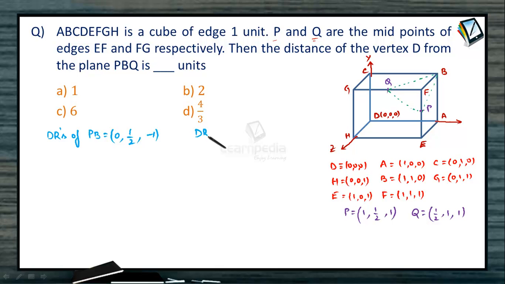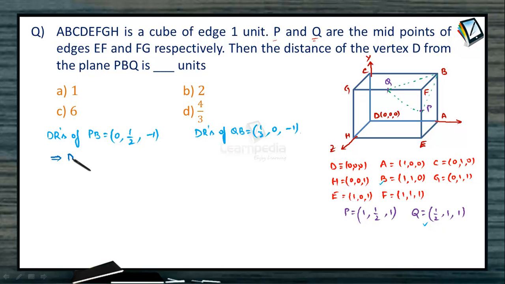Similarly, how will be the DRs of another line on the plane, say QB? Yes, this will be the line joining the point Q with the point B. Now it is 1 minus half, that is half, 1 minus 1, that is 0, and 0 minus 1, that would be minus 1. Now we got the DRs of two lines on the plane PQB.